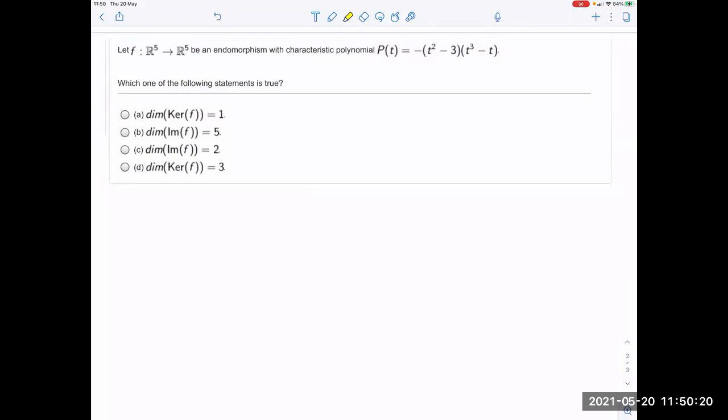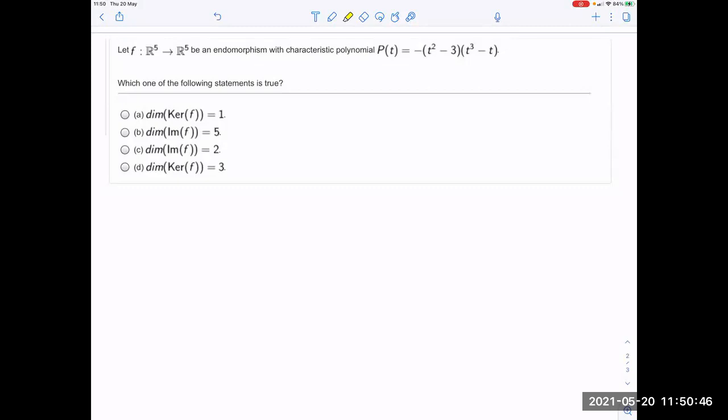Okay, Sofia Karnauk suggests A. Let's see if some other people have some ideas about this. So it is a linear map, endomorphism, from R5 to R5, having a given characteristic polynomial. And we want to find a true statement relating the dimension of the kernel and the dimension of the image.